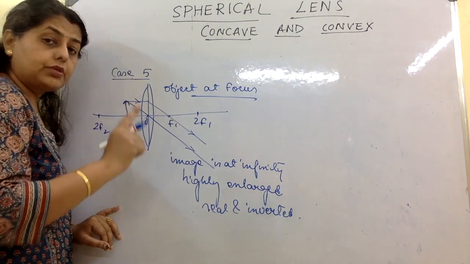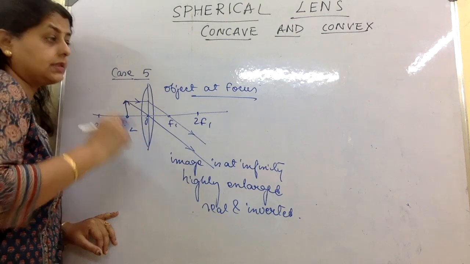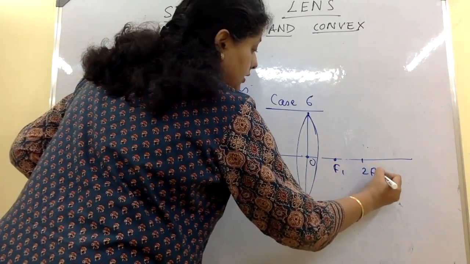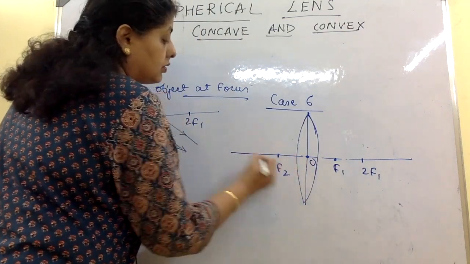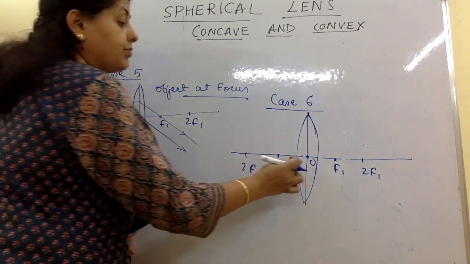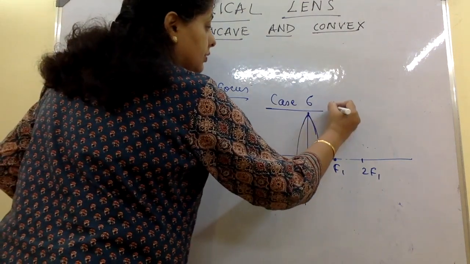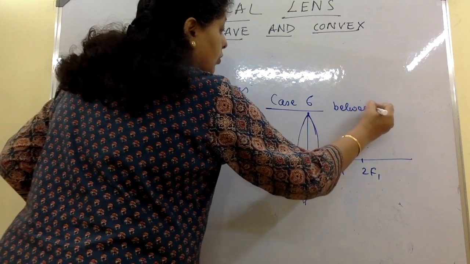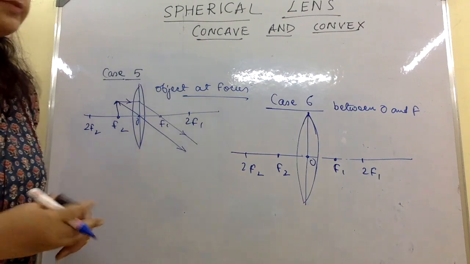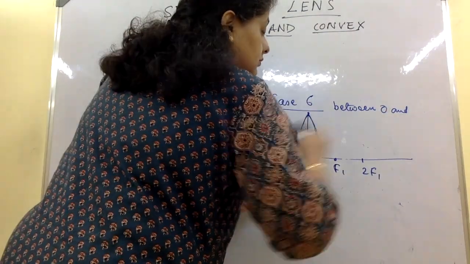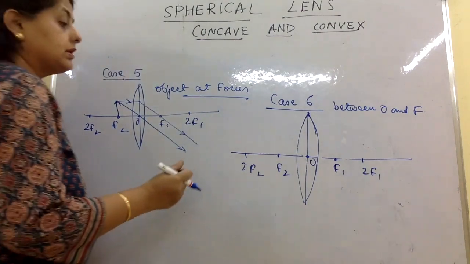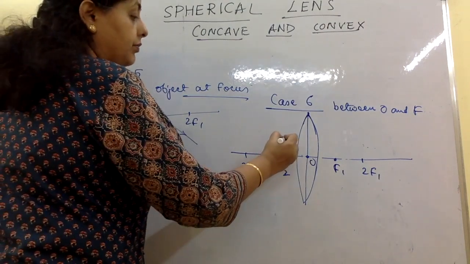Now we'll come to the last diagram, the last case. F1 to F1, F2 to F2. Now the object is placed between the optical center and the focus, between O and F. Here I'll place it here.